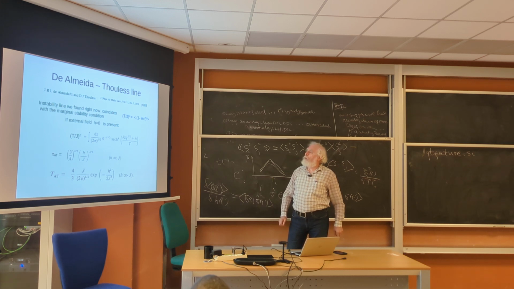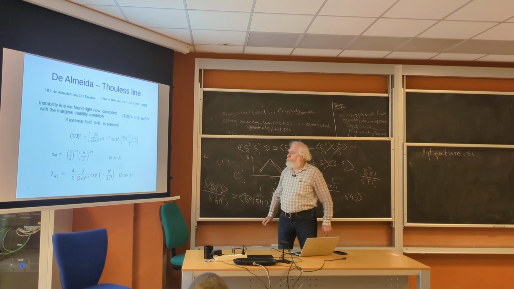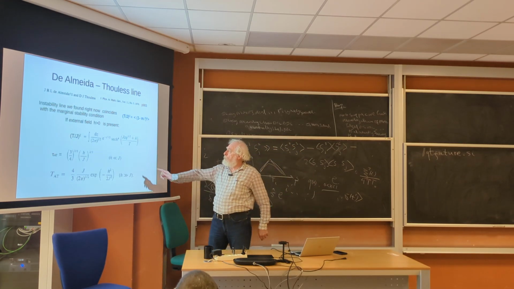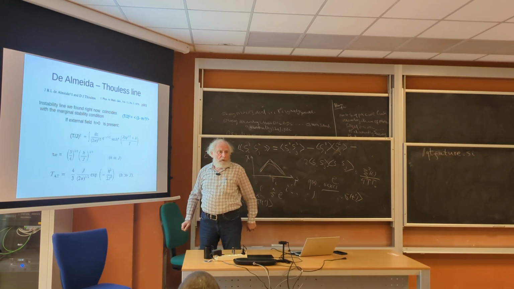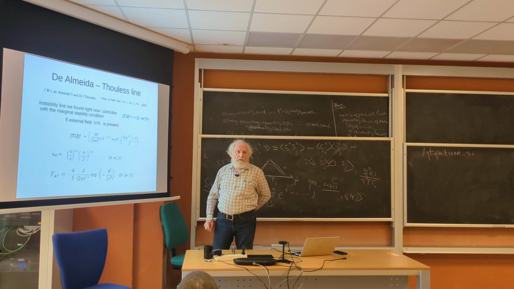First thing to check, we already know that there is a marginal stability condition. Let us check when this condition is fulfilled or not in the presence of an external magnetic field.